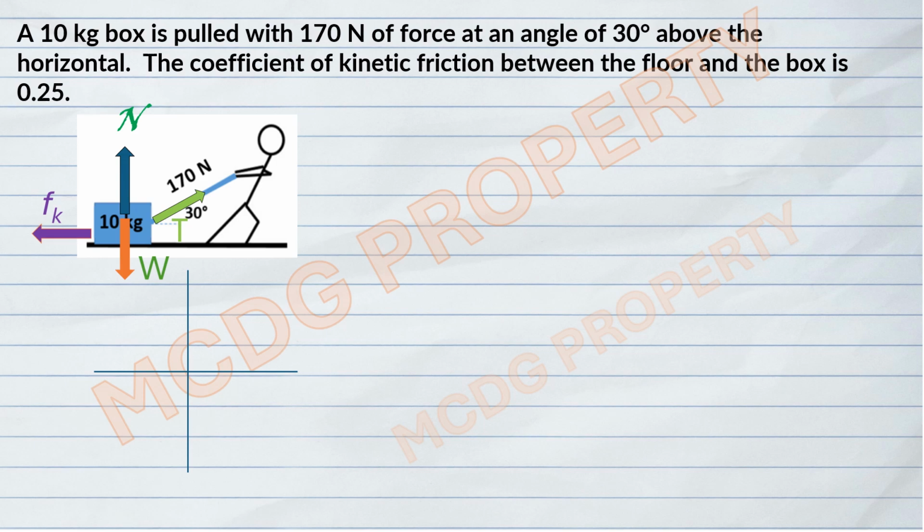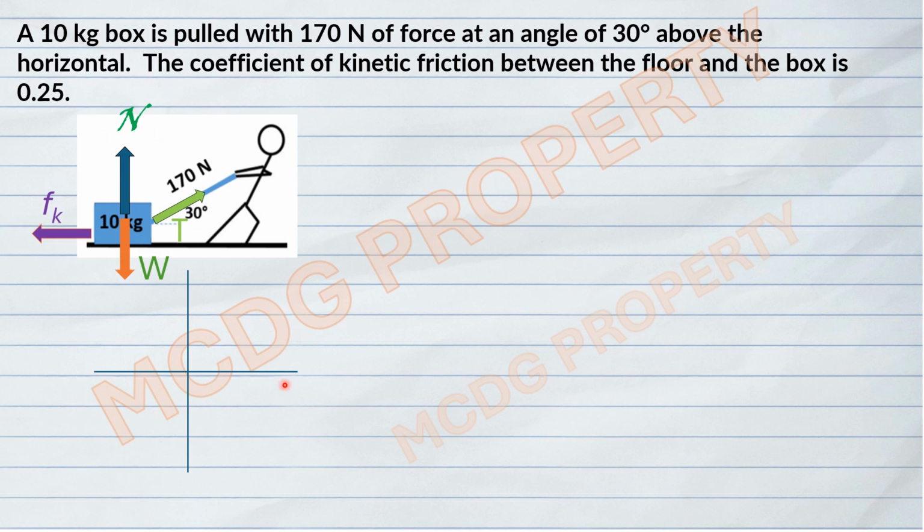Now let us draw the free body diagram of the forces acting on the box to be able to apply Newton's laws of motion. So we draw the XY Cartesian coordinate system and properly place the forces acting on the box.